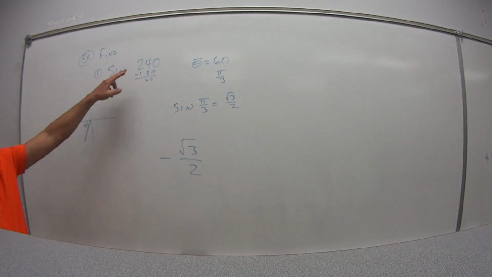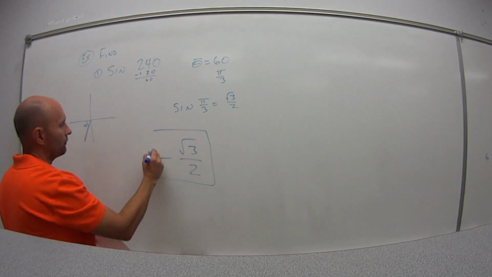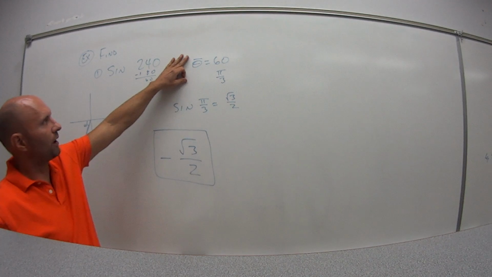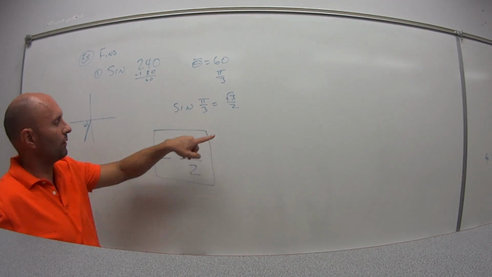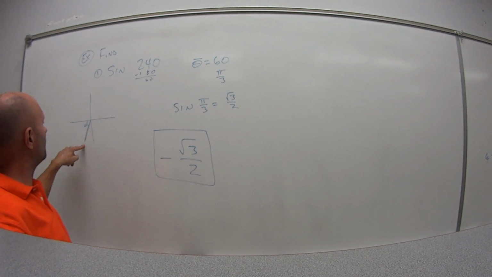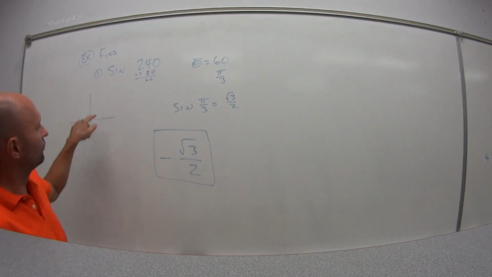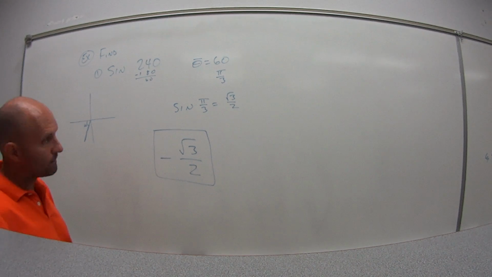So therefore, sine of 240 is minus square root of 3 over 2. So we found the reference angle, found out what that value is at that point, which is square root of 3 over 2. Then we determine the sine of our terminal side, which is in quadrant 3. So sine in quadrant 3 is negative, so negative square root of 3 over 2.